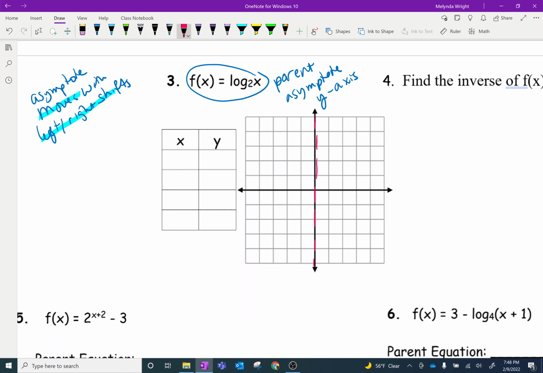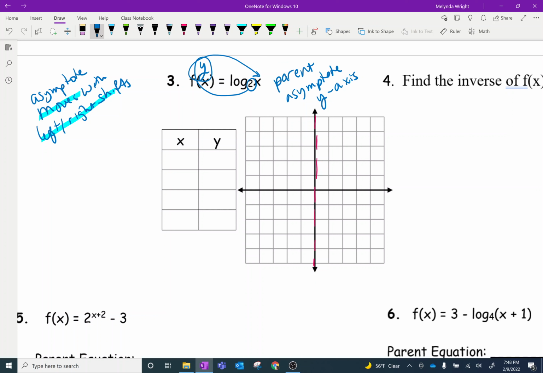Great. Okay, now if you recall, a couple lessons ago, we did graph a logarithm. We have to do that circly thing. Remember, we have to change it. So this f of x is actually a y. They mean the same thing. And we do that circly thing. Remember that? 2 to the y equals x. So we rewrite it as an exponential just to make our lives easier, right?